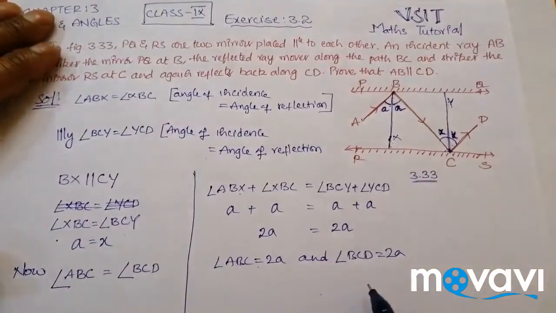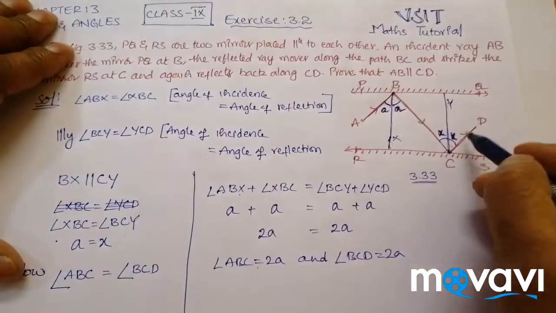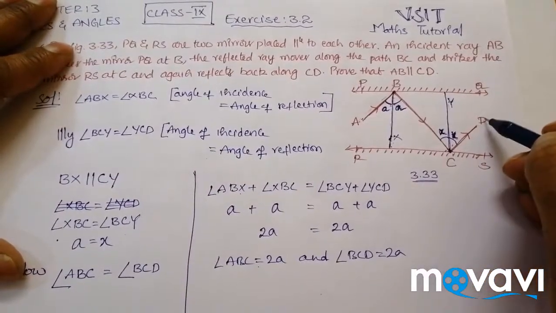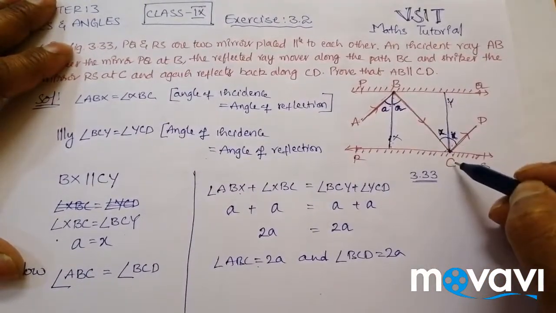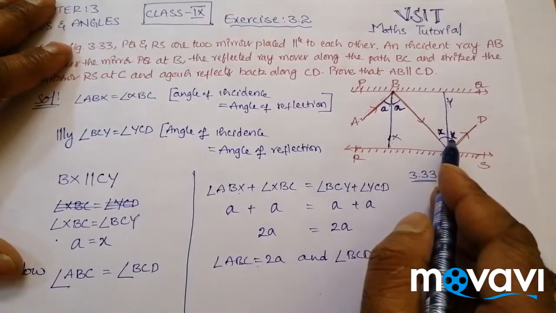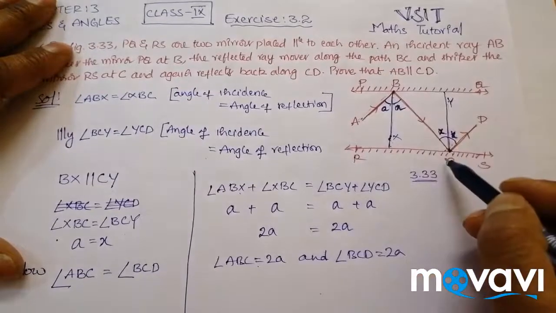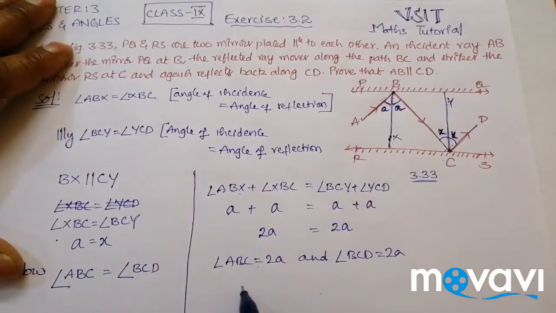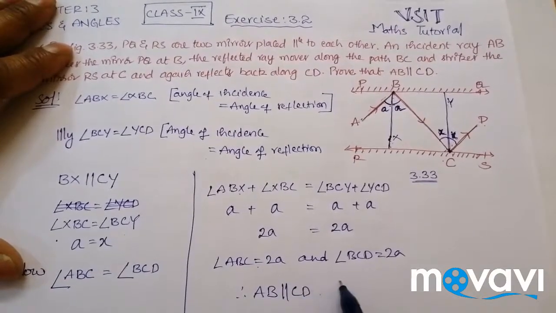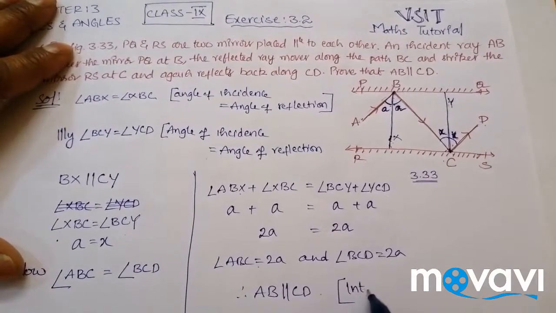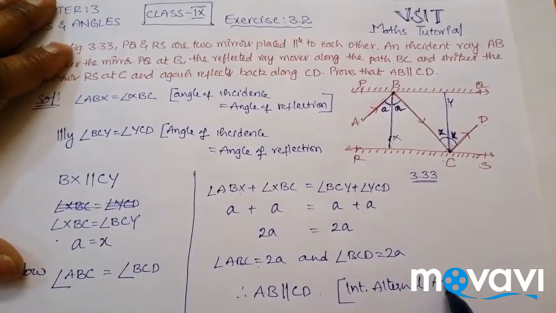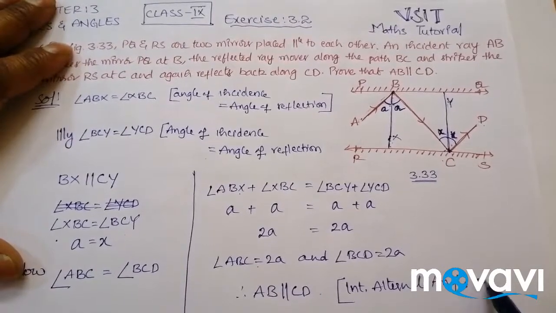Therefore, if this is 2A and this is 2A, this is the line AB and this is the line CD, and BC will be the transversal. If BC is the transversal and interior alternate angles are equal, then surely AB is parallel to CD. So I can write, therefore AB is parallel to CD. The reason is interior alternate angles are equal.